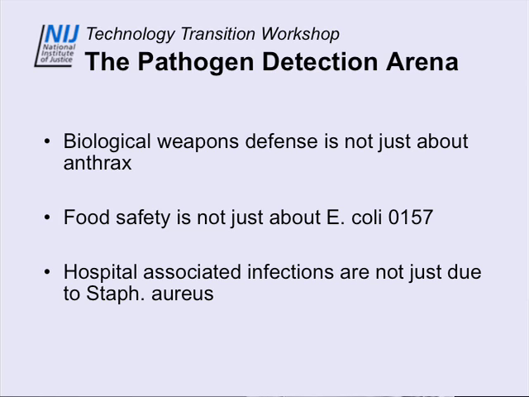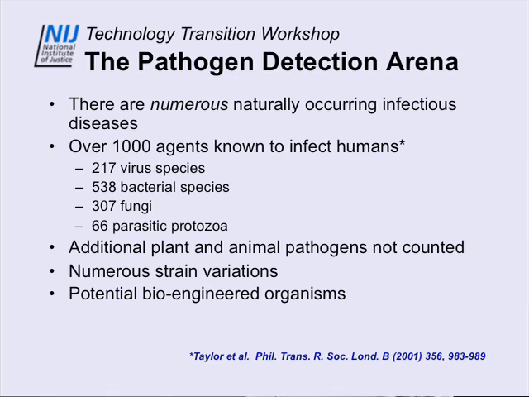For hospital-associated infections in the States, probably staph is at the top of the list. In Europe, it's probably Acinetobacter or other pathogens. So the point is that there's a lot of things to detect, be they bacterial, viral, or fungal.